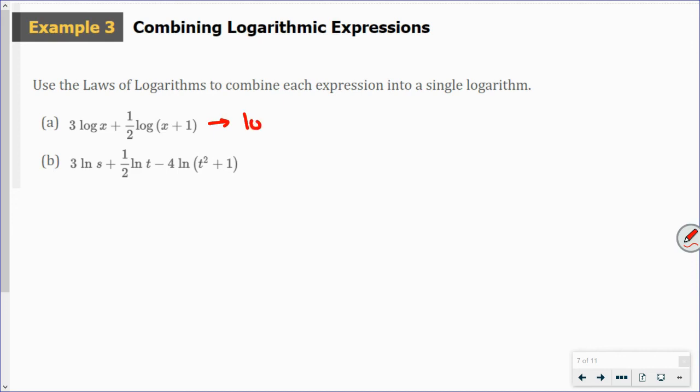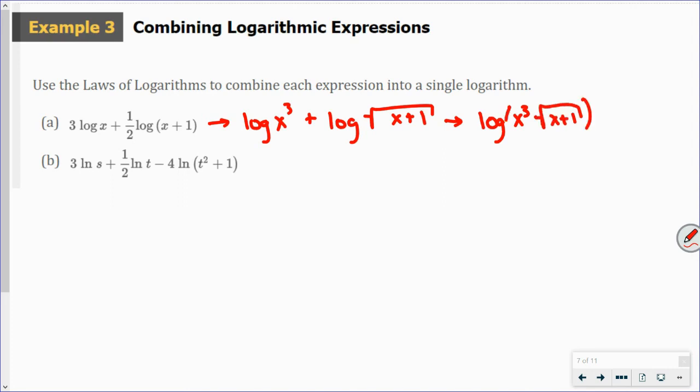Okay, so we have log of x to the 3rd plus log, and that's the half power, so we're going to put in the square root of x plus 1. And then we have addition here, so that would mean to multiply, so log of x to the 3rd times radical x plus 1. And you can put all that in parentheses if you want. It's not necessary, though.